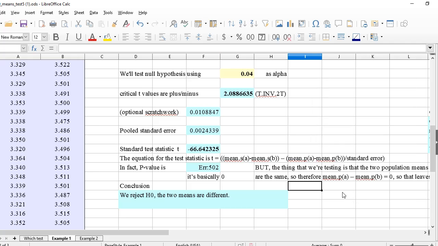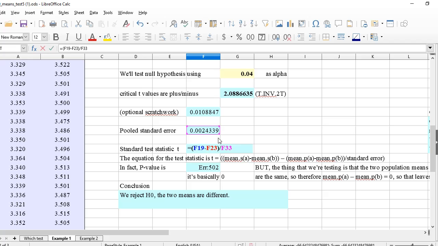So that means that the population mean of A minus the population mean of B is 0. So we can take that entire section out of the equation because we're assuming that equals 0 for our test. Okay? So I did that, and I got a test statistic.